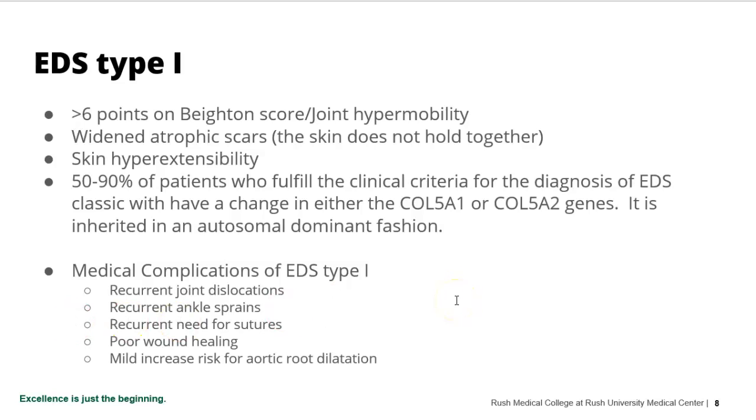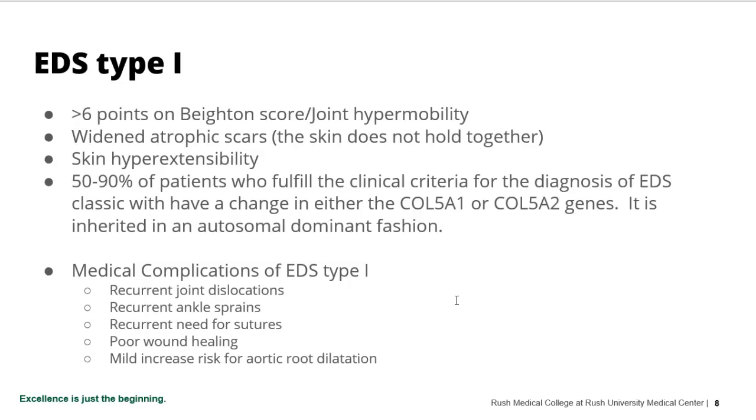To make a clinical diagnosis of Ehlers-Danlos type 1, or EDS type 1, you need greater than 6 points on the Beighton score for joint hypermobility, widening atrophic scars when they need stitches, as it doesn't even heal very well, and skin hyperextensibility. 50 to 90% who fulfill the criteria for EDS classic.